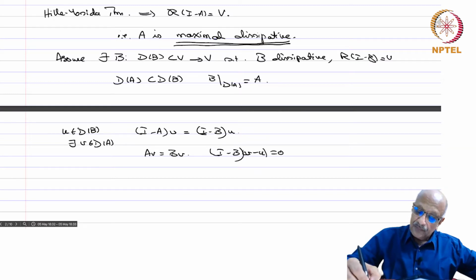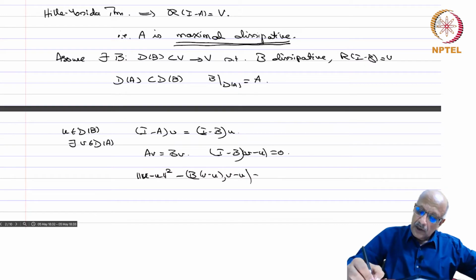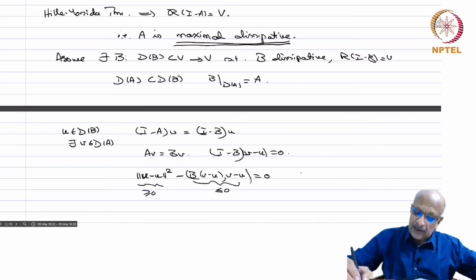So, (I minus B)(v minus u) equals 0. Okay. Take the inner product with this, you get the norm of v minus u squared minus (B(v minus u), v minus u) equals 0. Now, this is greater than or equal to 0 and this inner product is less than or equal to 0. So, with a minus sign the whole thing becomes greater than or equal to 0.